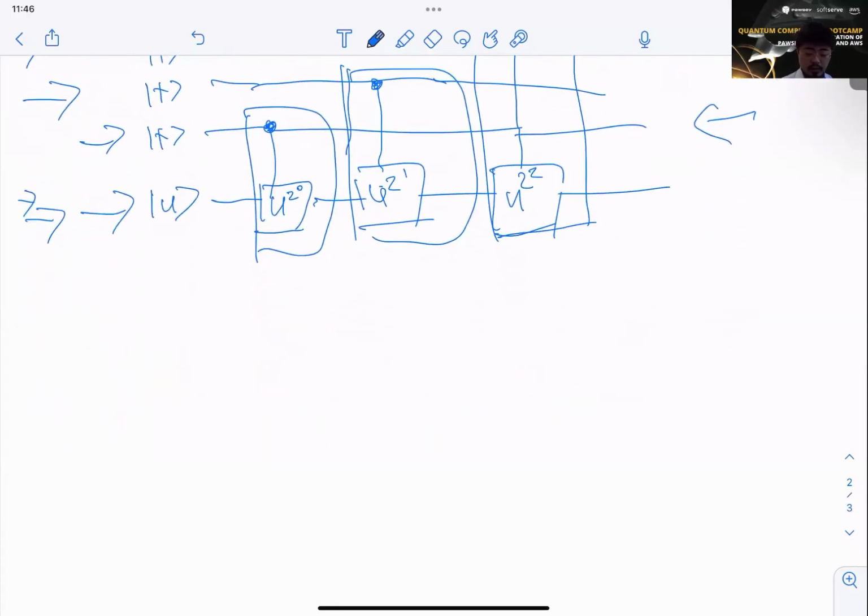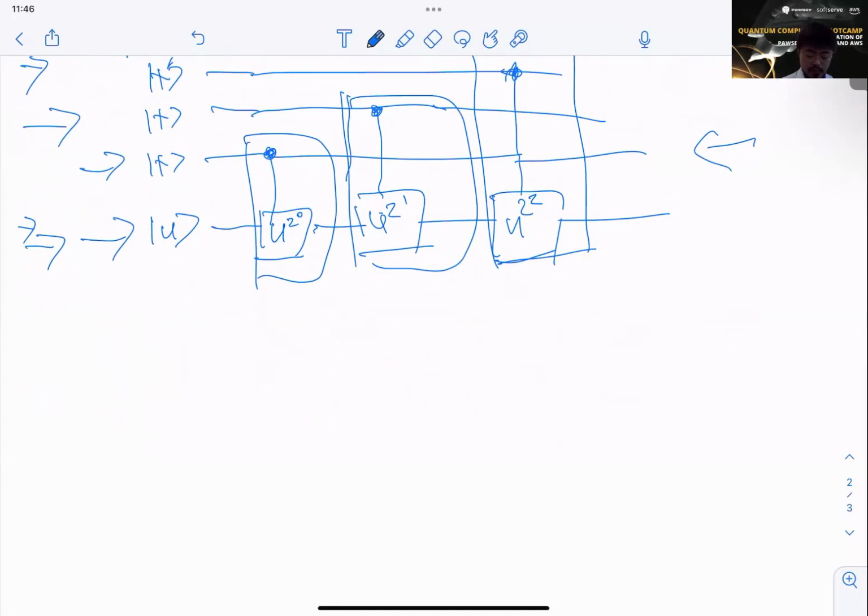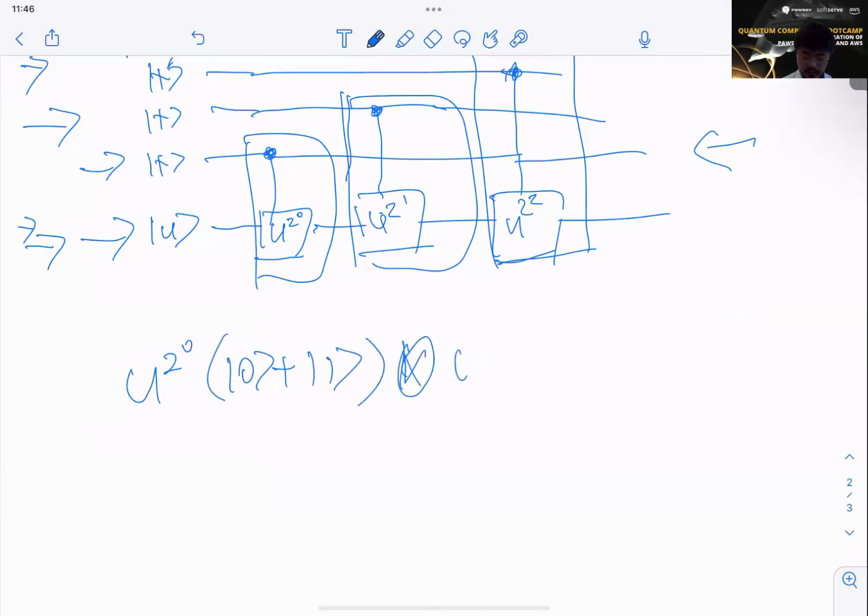Okay, so right now we have U to the power of 2 to the 0 applied to 0 plus 1 and tensor U. Oh, sorry, C. I'm going to put C. This is control.